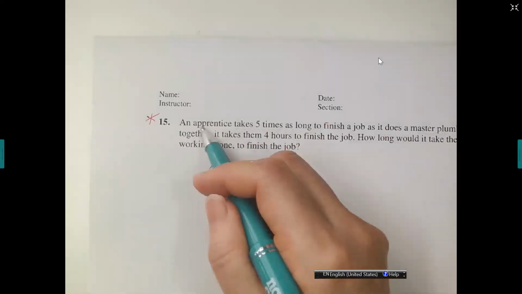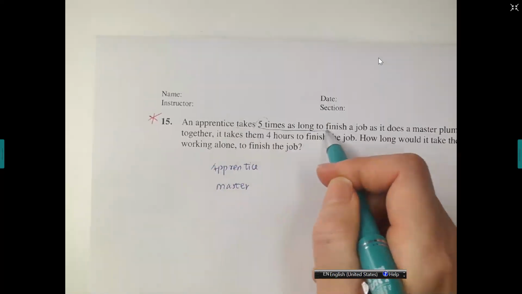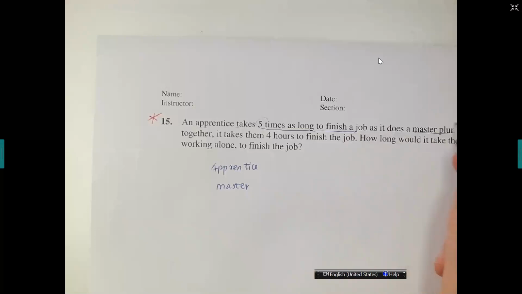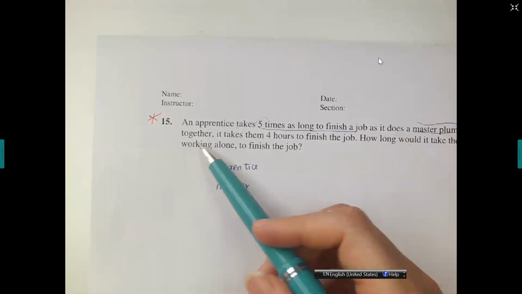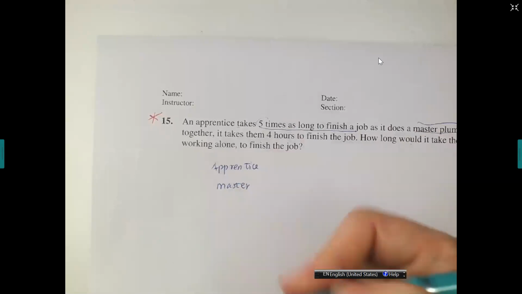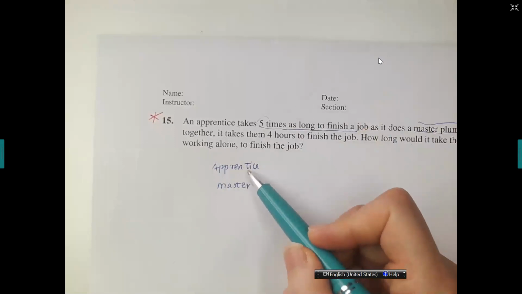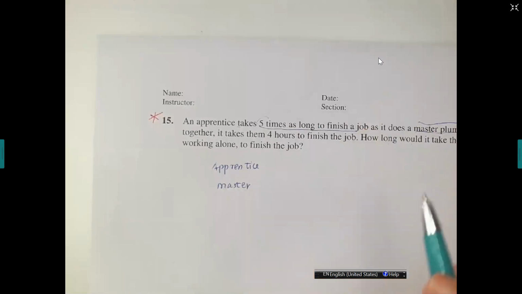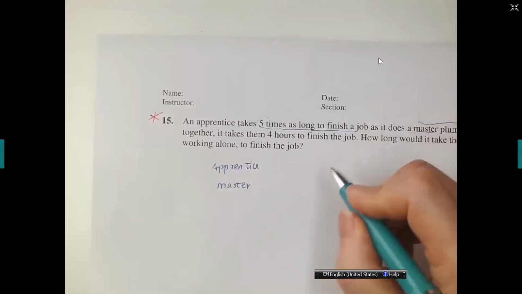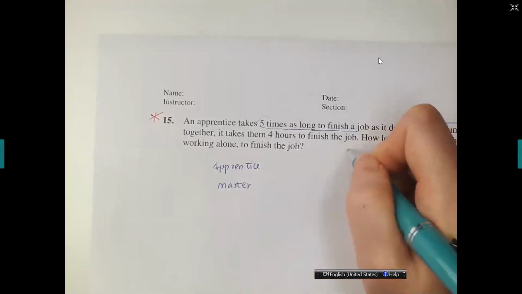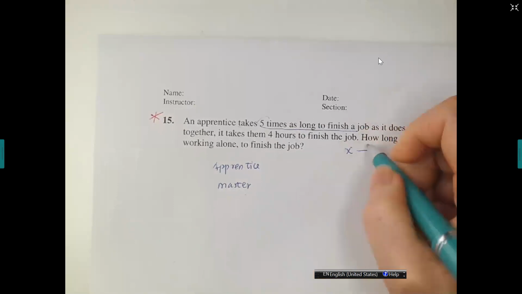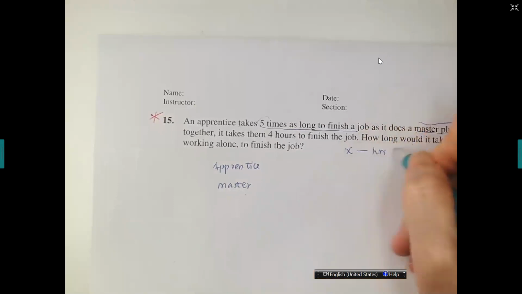Let's read, what do we have here? We find the apprentice takes 5 times as long as the master. And so how long would it take the apprentice working alone to finish the job? So first we know the apprentice needs more time. It's 5 times the master. And for this one, to make things simpler, I will assume X is the hours taken by the master.